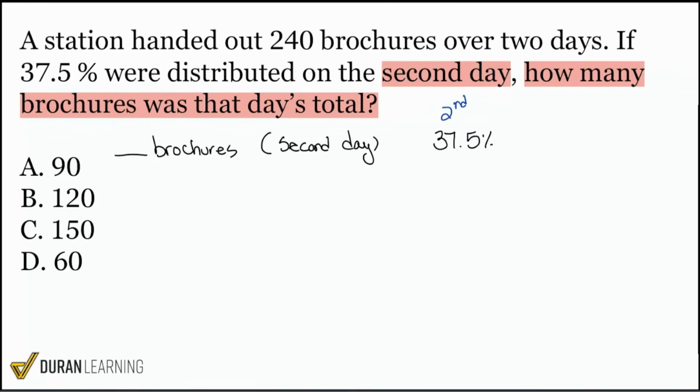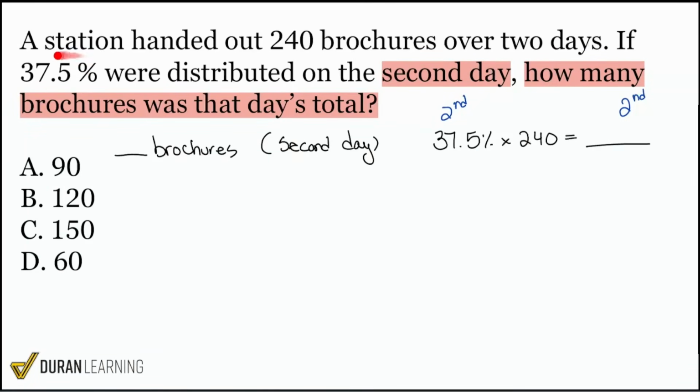So because we have the percent that represents the second day, and the original amount, 240, that means that our result will represent the second day's brochures.